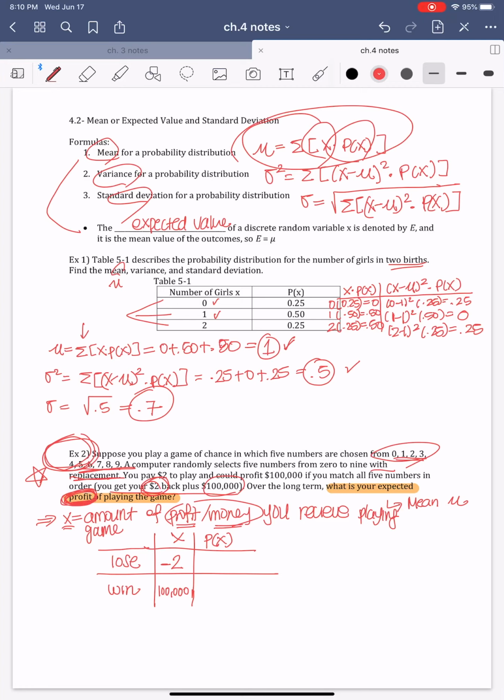Now, for probability, what is the probability that you lose $2? Well, in this game, how do you win the game? A computer randomly selects 5 numbers from 0 to 9 with replacement. You pay $2. If you match all 5 numbers in order, you win. So there are just 5 places: 1, 2, 3, 4, 5.